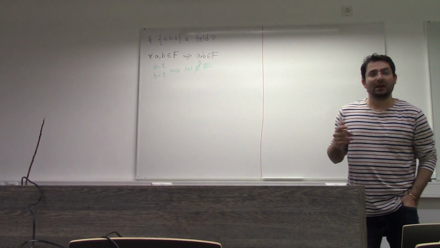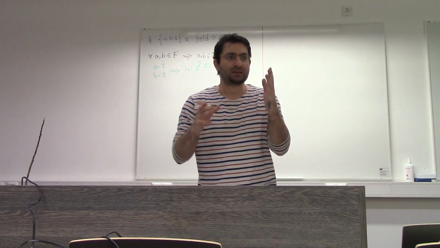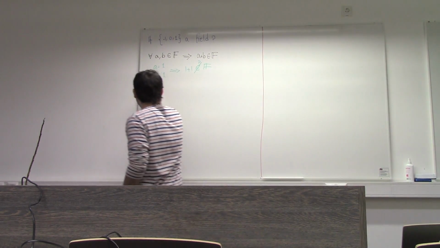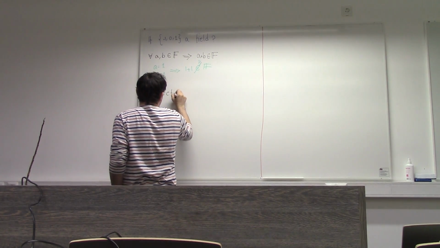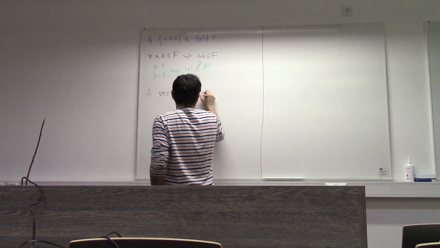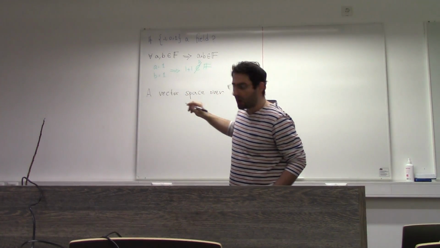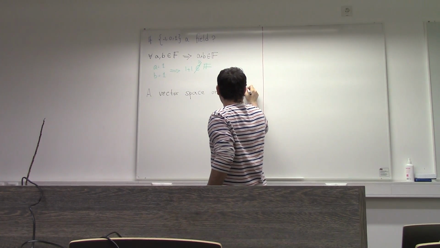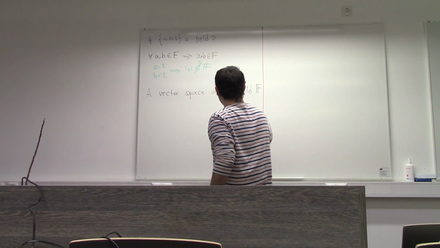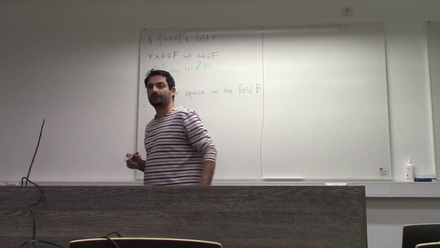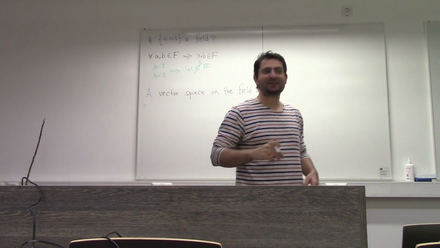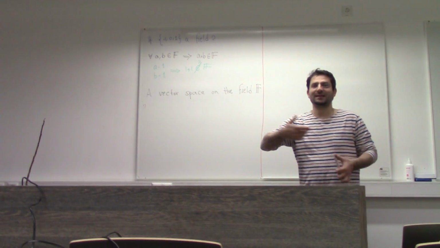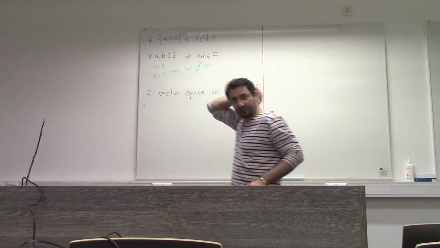Now, the title of the topic of this chapter was vector space, so let's start to define what a vector space is. A vector space over, or we call it under, field F is... So what do you expect this vector space to be? F was a set of numbers which had some properties.